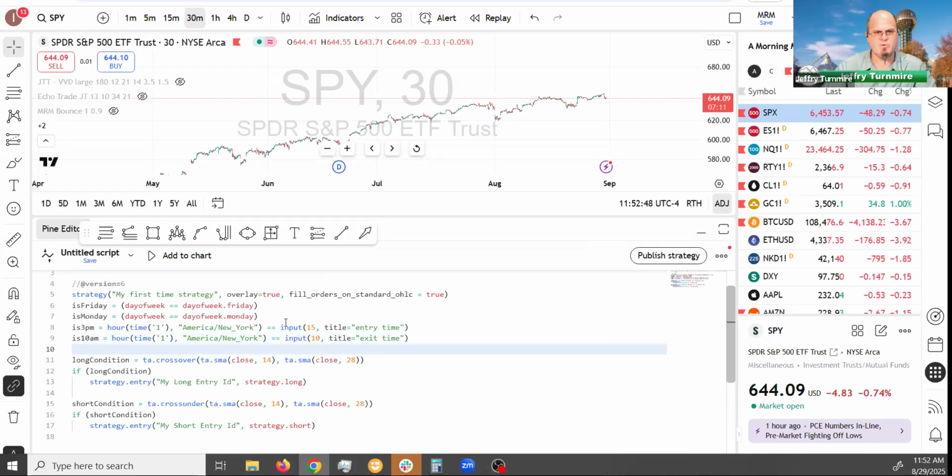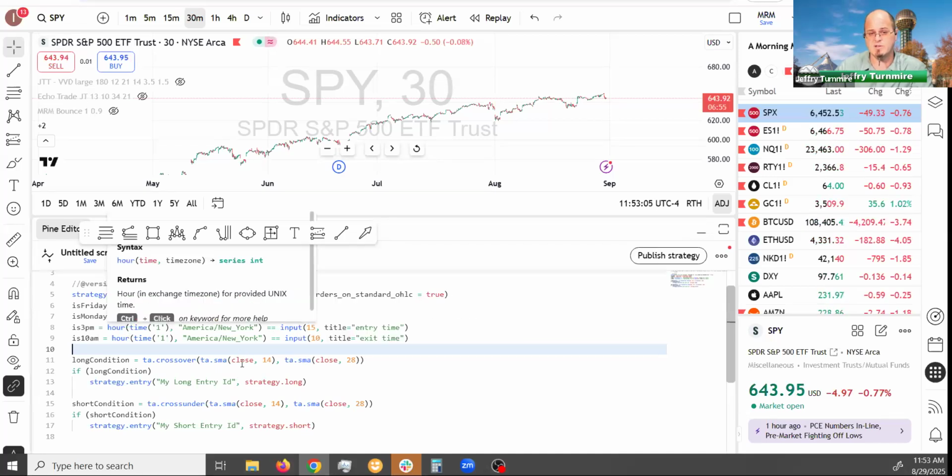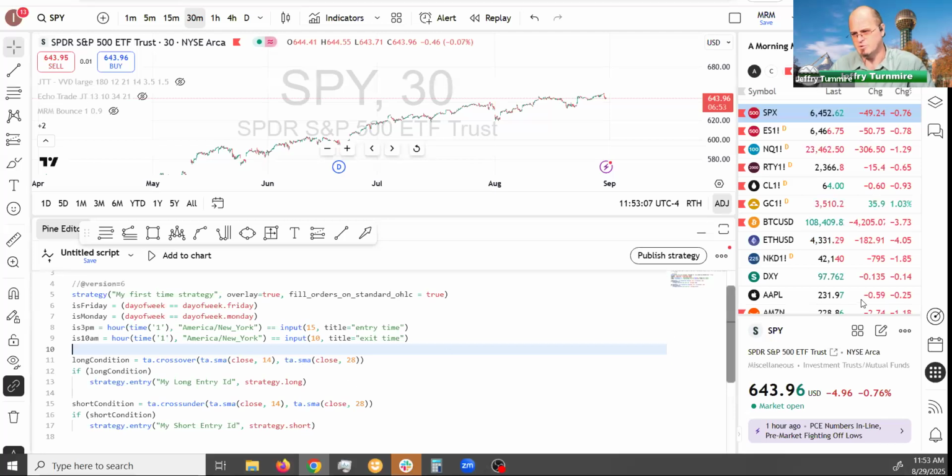All right. So now when we save this and add it to the chart and we click on it, we can actually set the entry and exit time if we want to. And that'll help us test out, is it best to get in at 3 o'clock or 2 o'clock or 1 o'clock on Friday and out at what time on Monday? How do you get the most bang for your buck on this potential strategy, right?